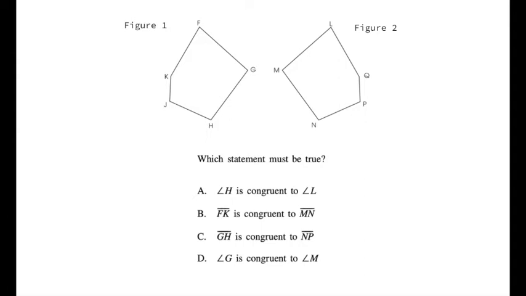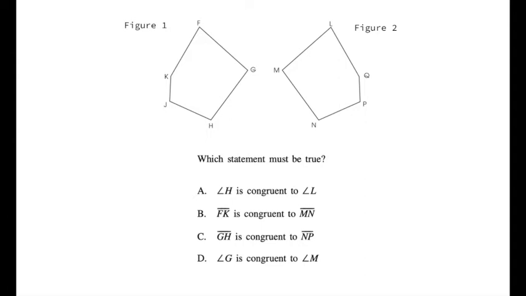Okay, so the time is up on our poll, and I'm going to quickly share the results of the poll. On our poll, the majority, that lime green, of the students said that it was D, that angle G is congruent to angle M, that G and M are congruent.